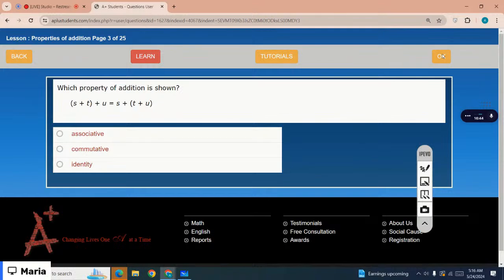That is the associative property. When you have three variables or three numbers involved, that is the associative property.